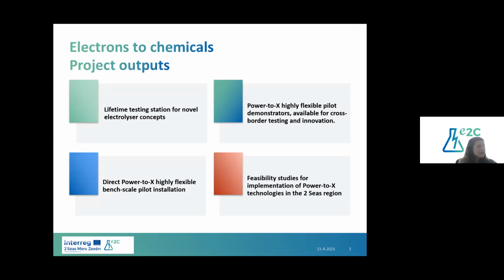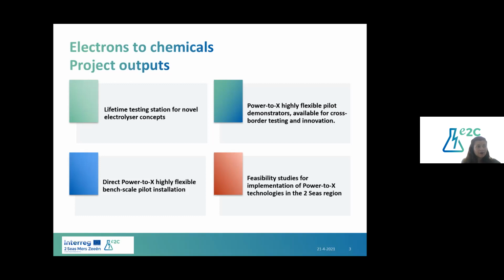More specifically, the project develops a lifetime testing station for novel electrolyzer concepts. We are looking at 2 different technology lines: the direct conversion of CO2 to formic acid, and the indirect conversion of CO2 and hydrogen from electrolysis to dimethyl ether.